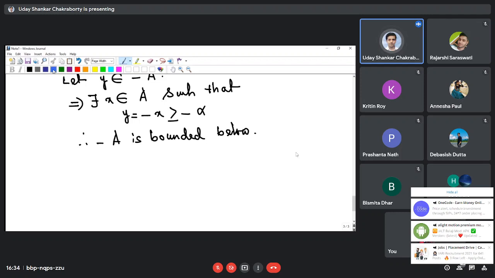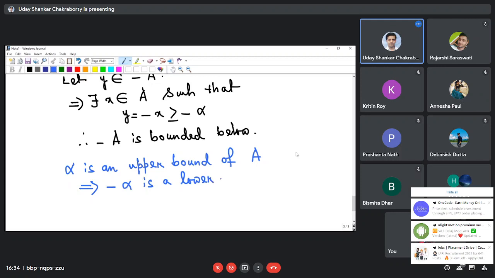This is something important we have learned from this proof: alpha is an upper bound of a set A implies minus alpha is a lower bound of minus A, and vice versa.